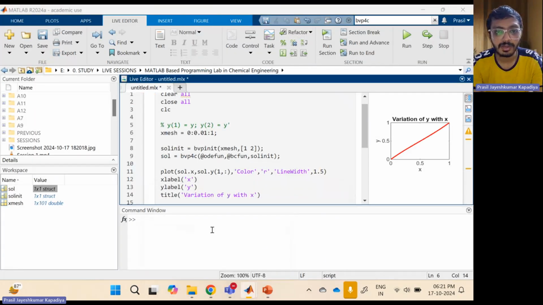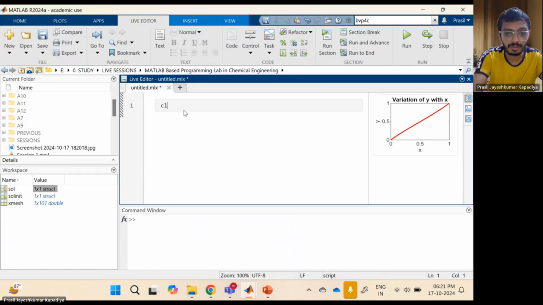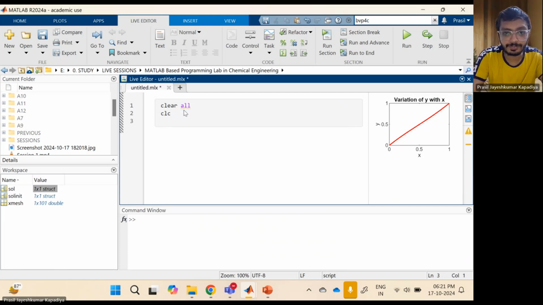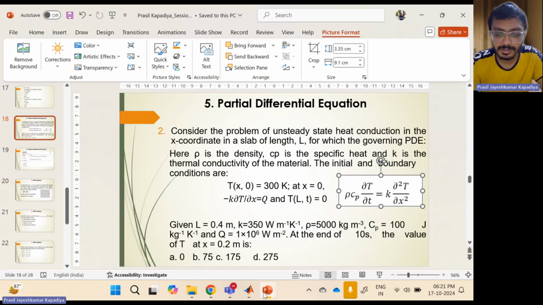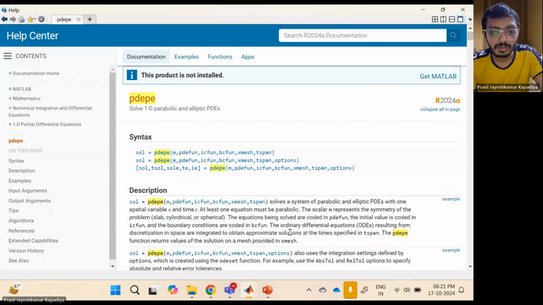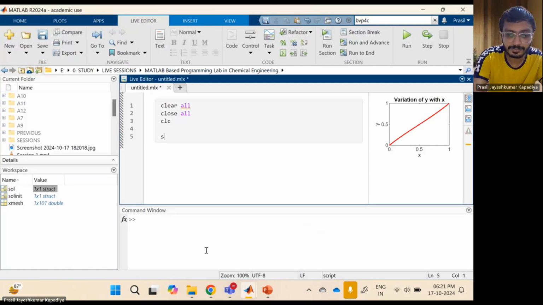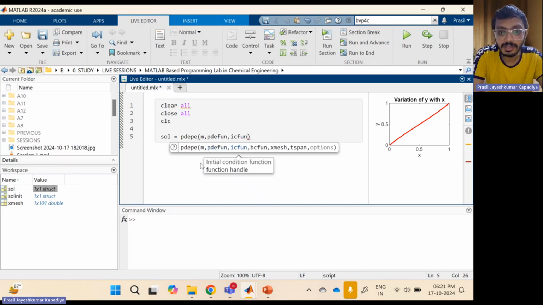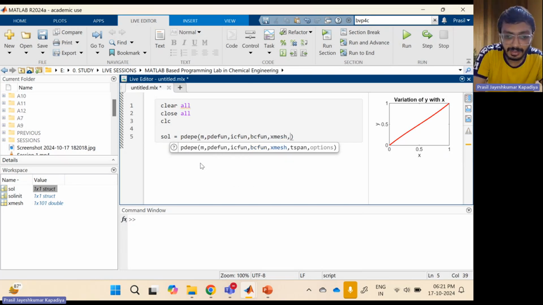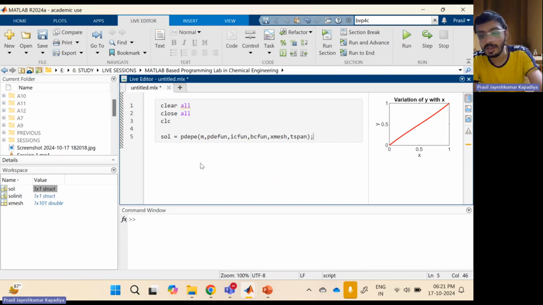I can't copy it, so I will have to write it. So sol is equal to pdepe of m, comma, see here also it's available, the PDE function, then the initial condition function, then the boundary condition function, then xmax and tspan. This is what we require.